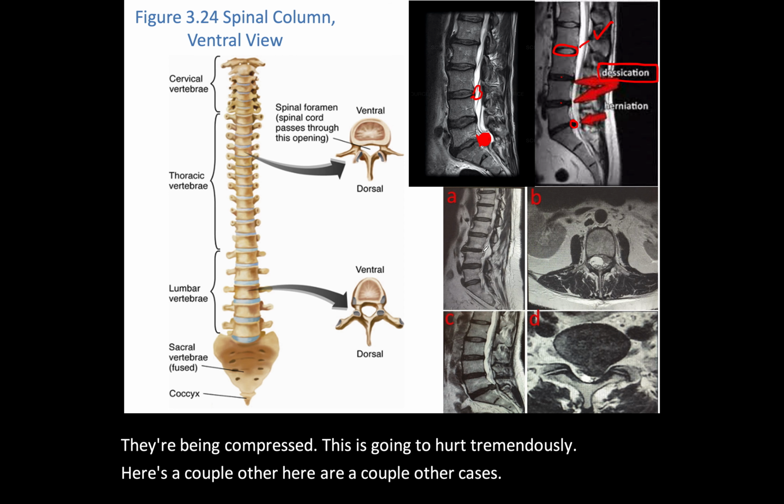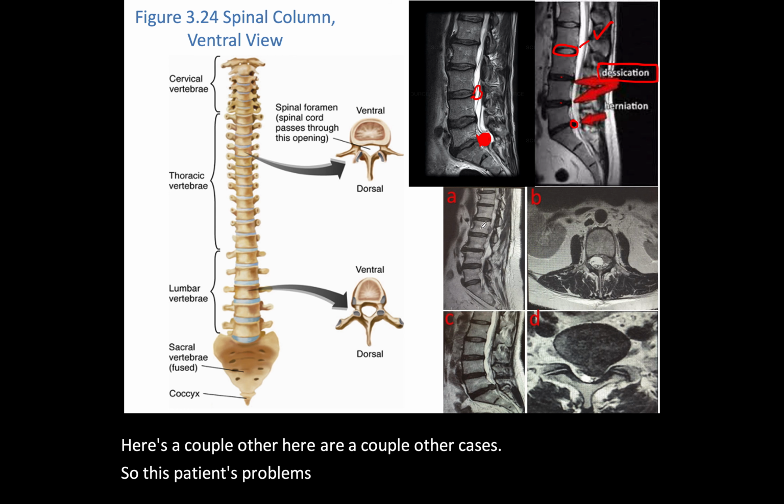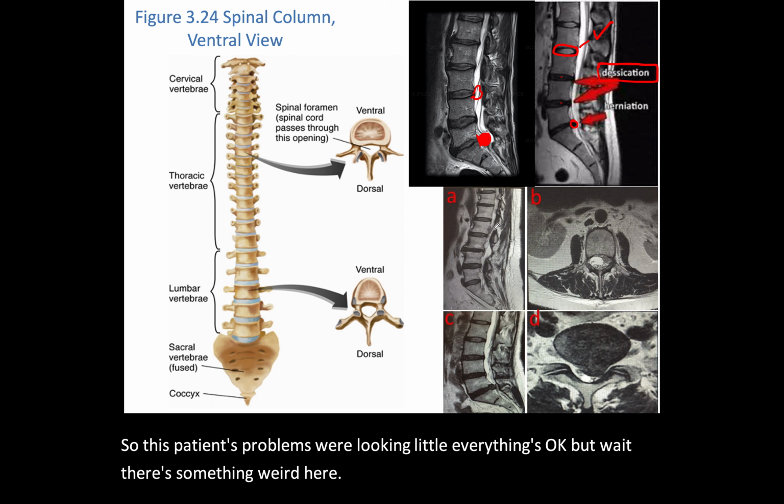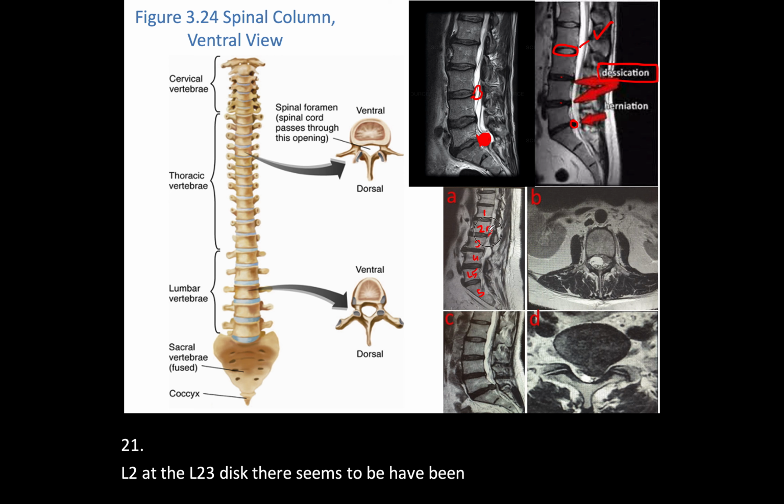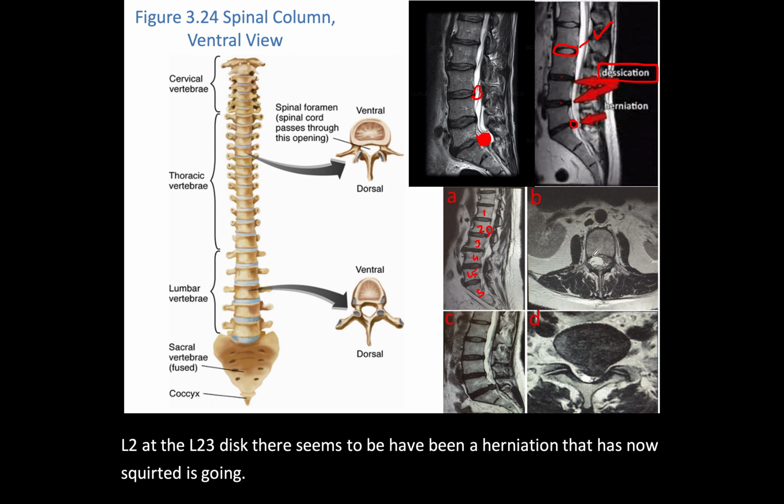So this patient's problem, if we're looking, everything's okay, but wait, there's something weird here. This is sacrum, L5, 4, 3, 2, 1. So at the L2-3 disc, there seems to have been a herniation that has now squirted superiorly.